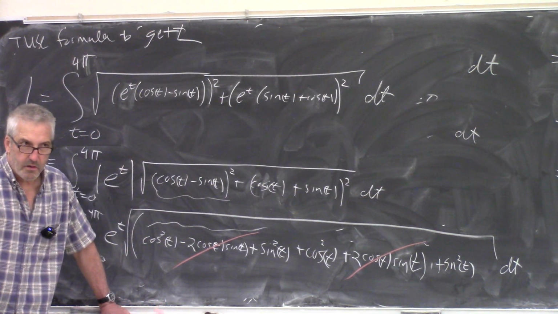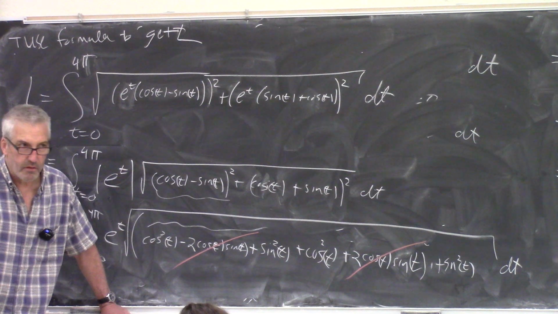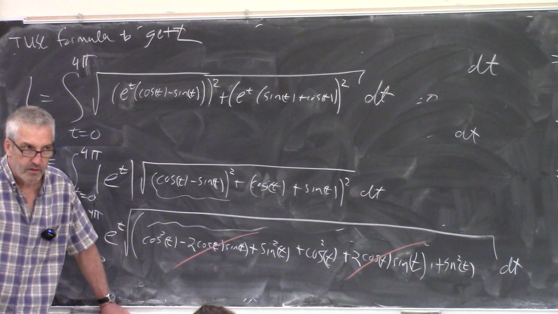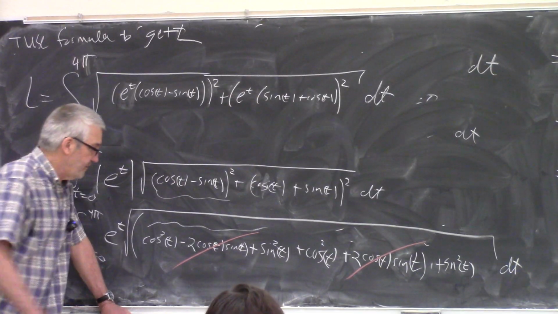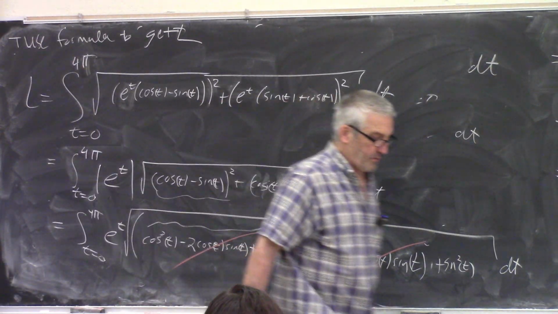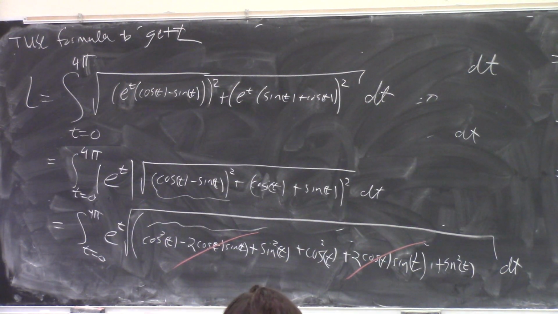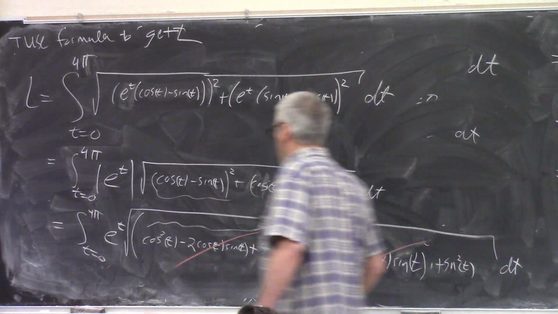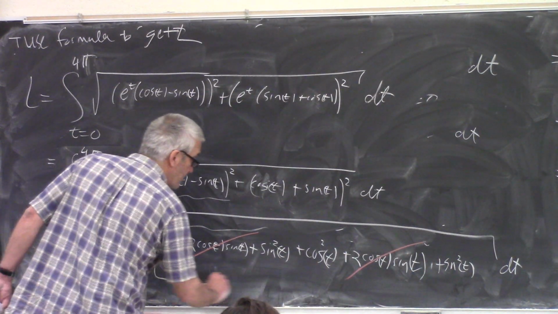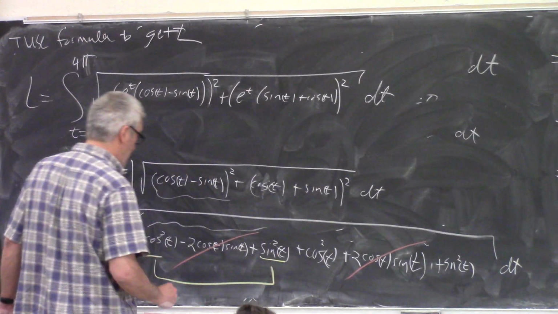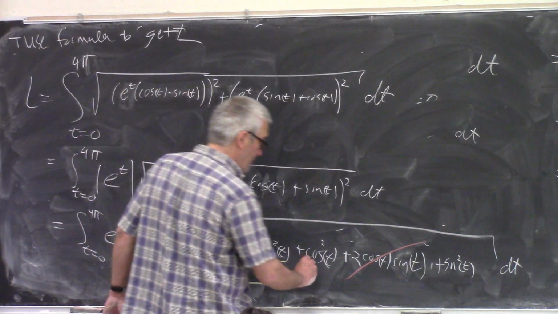I'm going to only call on new hands here, so Annika. Cosine squared plus sine squared is equal to 1. Yeah, so these two things get together and they make the number 1. And so do these.